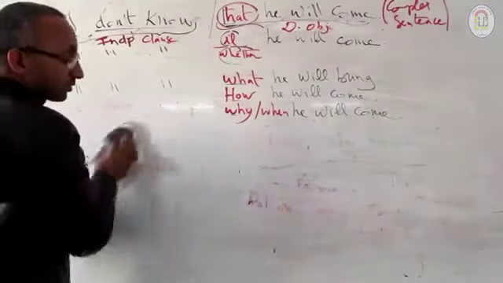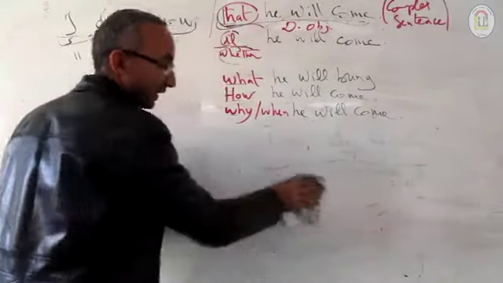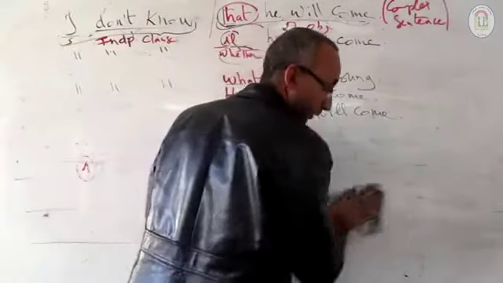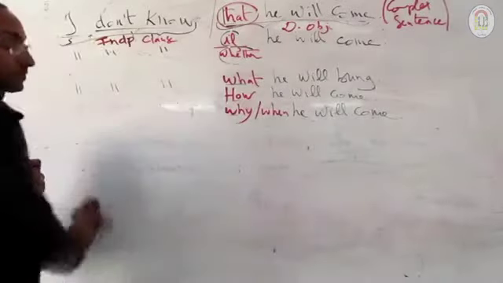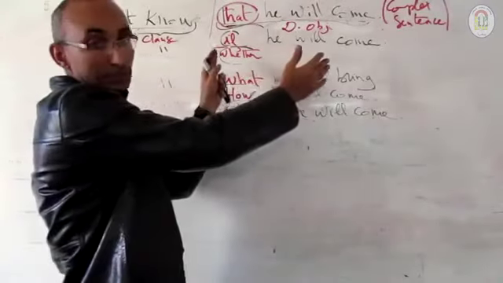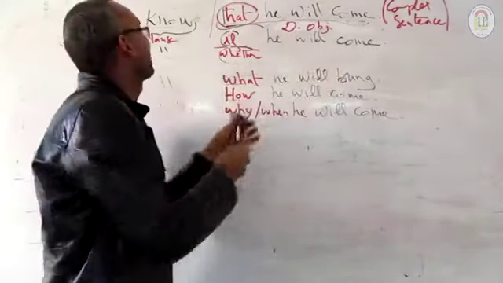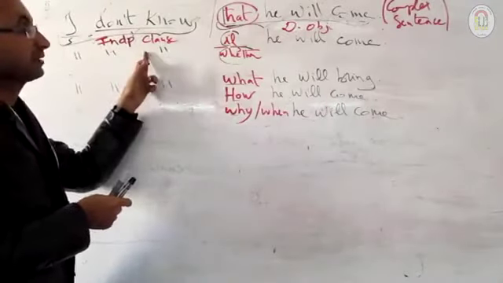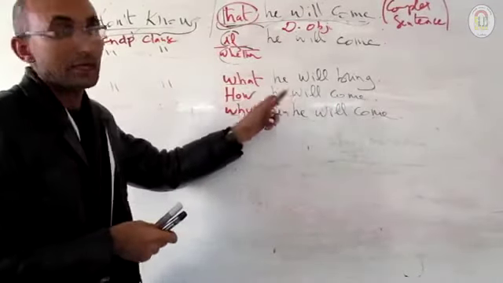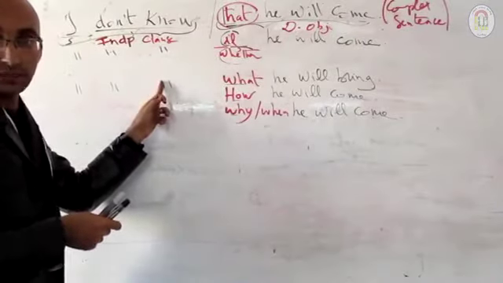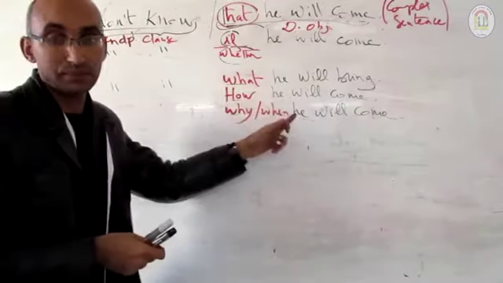The noun clause is the clause which always acts as a noun, usually as an object. I say, I don't understand what he will say. I don't imagine how he reacted.